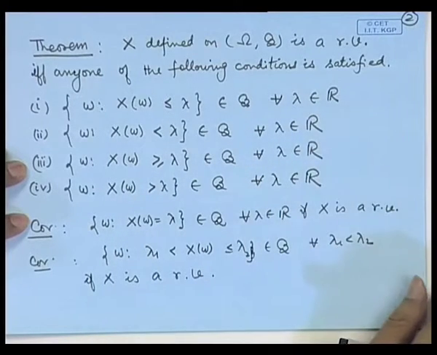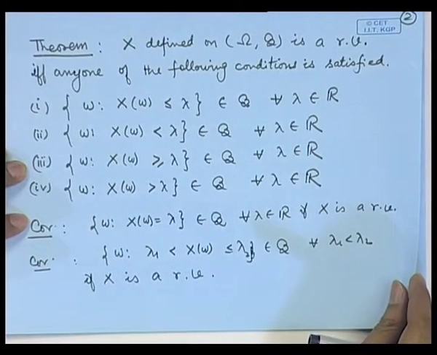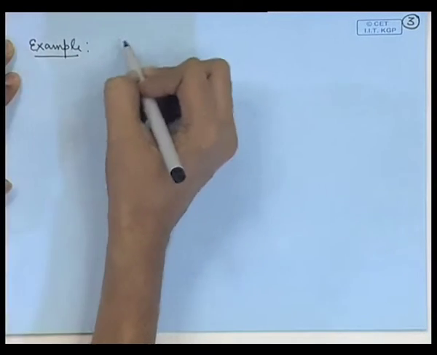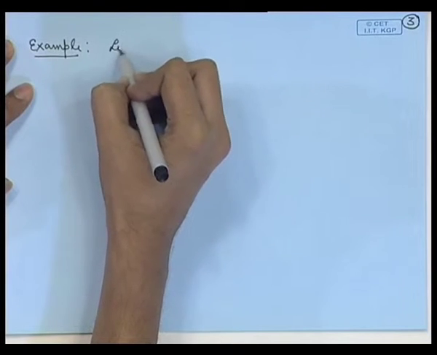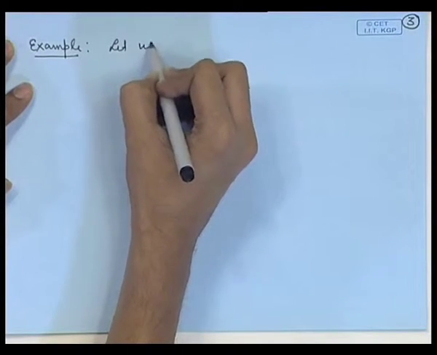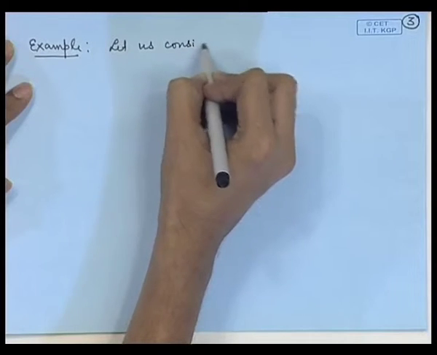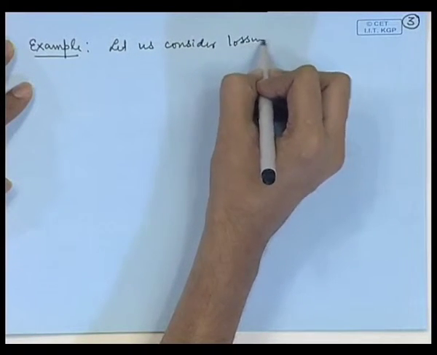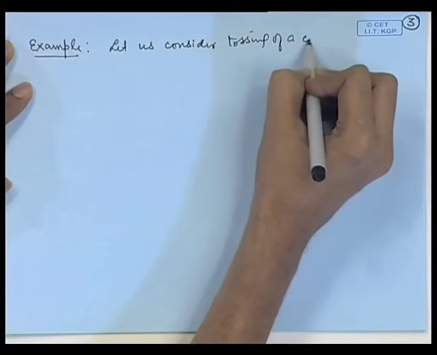Let me give an example here to show how you check the condition of measurability. Let us consider the random experiment of tossing of a coin.